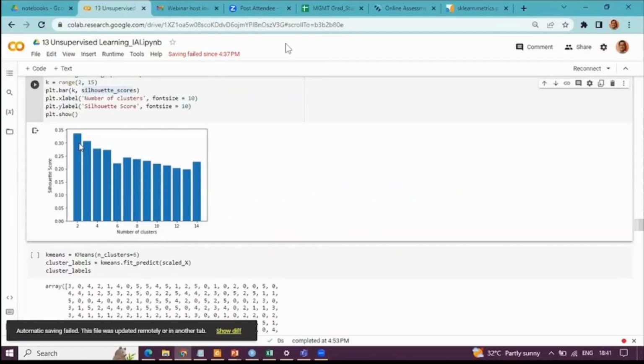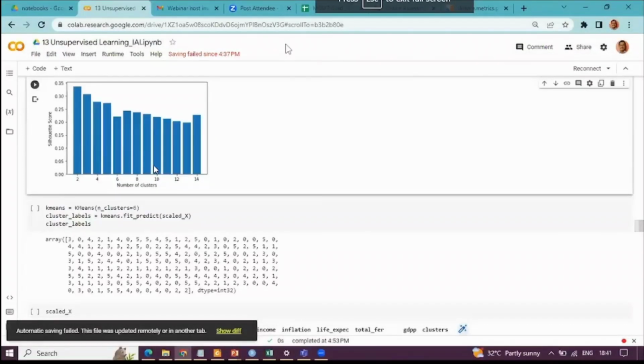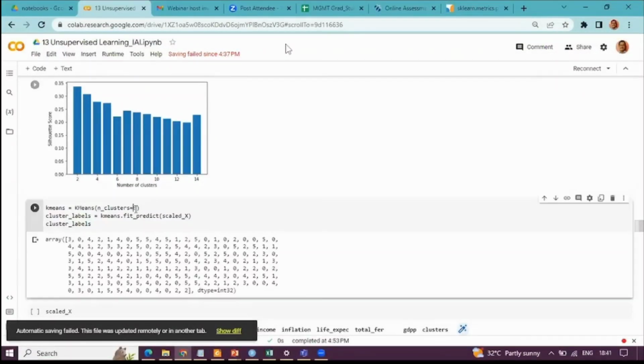So we should always look out for the maximum Silhouette score, because it's a difference between the between sum of squares and the within sum of squares. Obviously, we want this gap to be the highest possible. So you can consider the highest Silhouette score. Based on this, you can say that a two cluster solution is more appropriate.